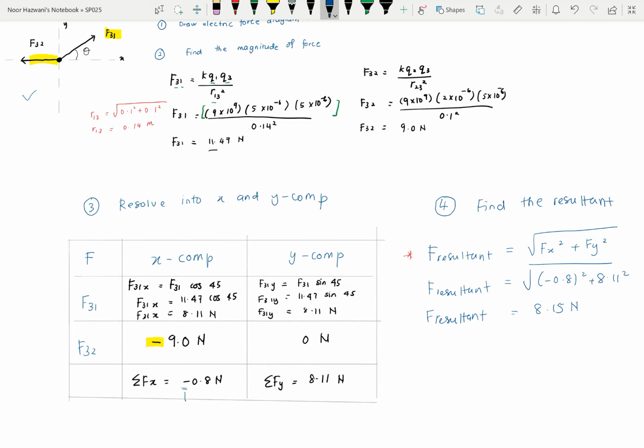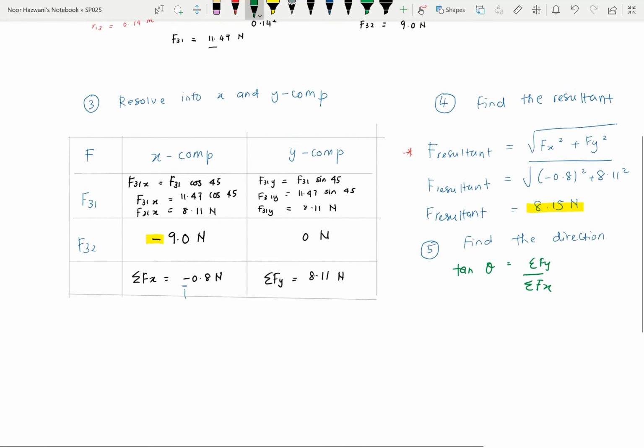Jawapan ada sedikit lari lah dengan suggested answer. Ada beberapa point berapa je lah beza, because of maybe ada rounding off, yang berbeza sedikit. So, kita dah dapat ini adalah jawapan untuk F resultant kita. Selepas cari resultant, the last step is, you kena cari find the direction. You akan guna tan theta equals to summation of Fy per summation of Fx.